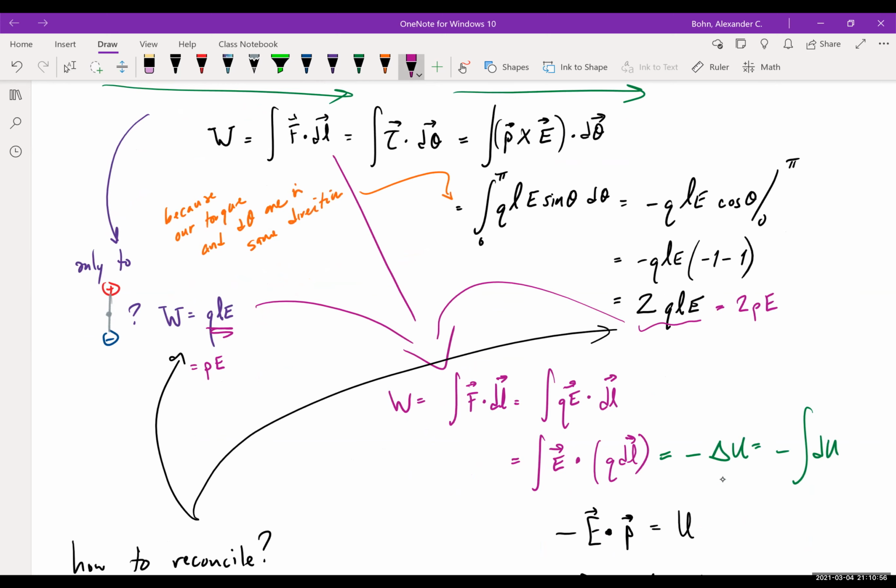And then I started thinking about moving the Q around, so it's E dot Q dL. If we think about that, like in a uniform field, E we can pull outside the integral.